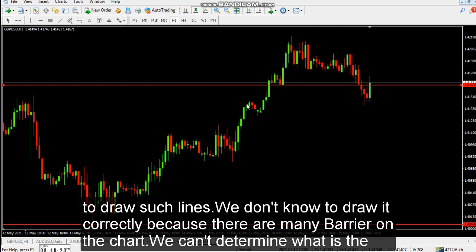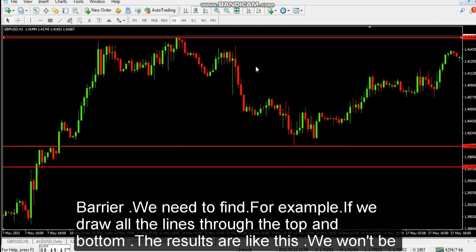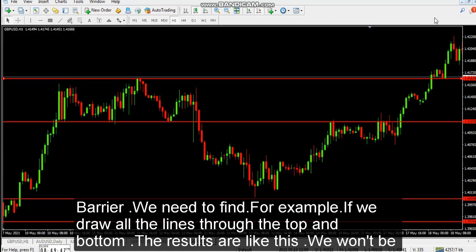We need to find them. For example, if we draw the lines from the tops and bottoms, the result looks like this.